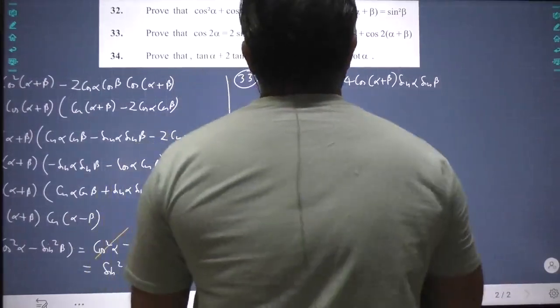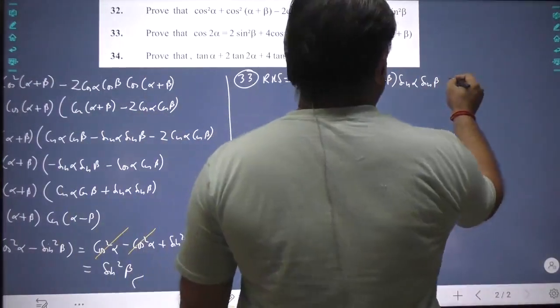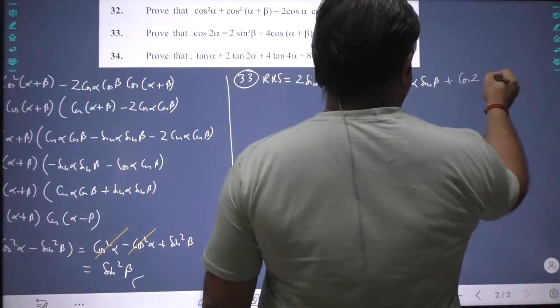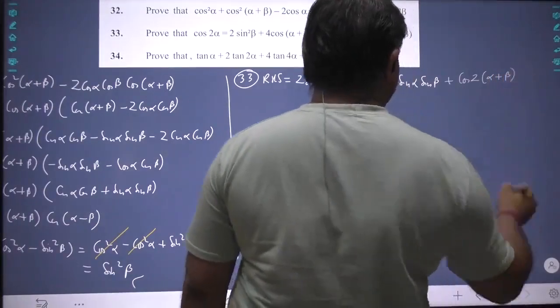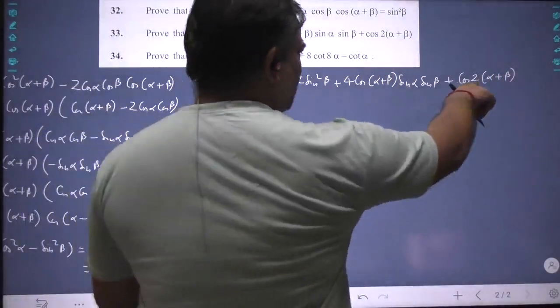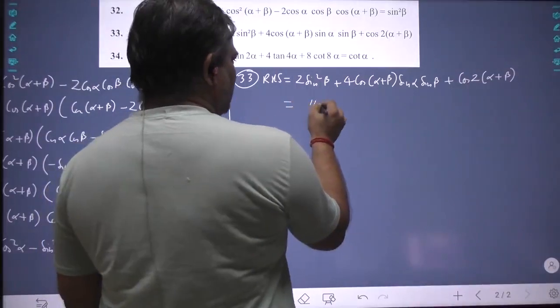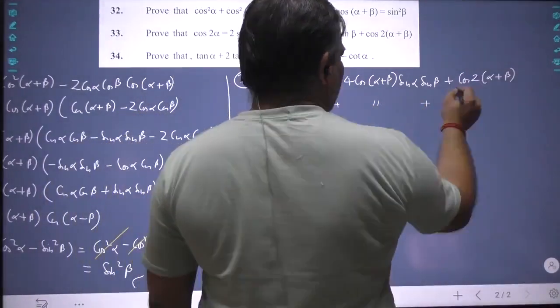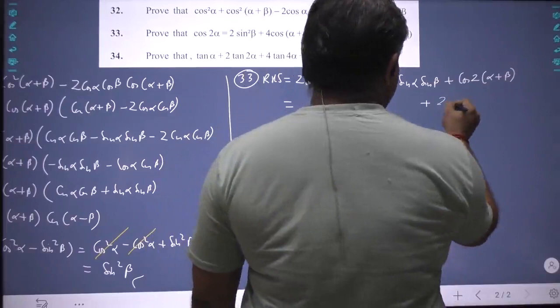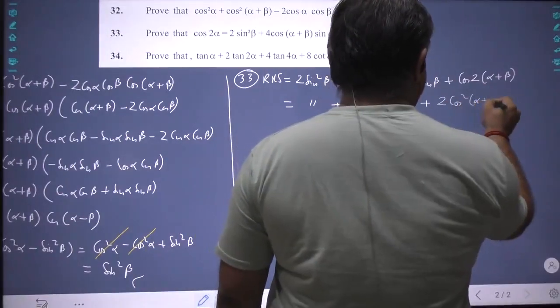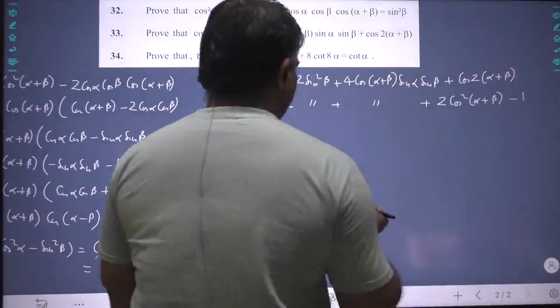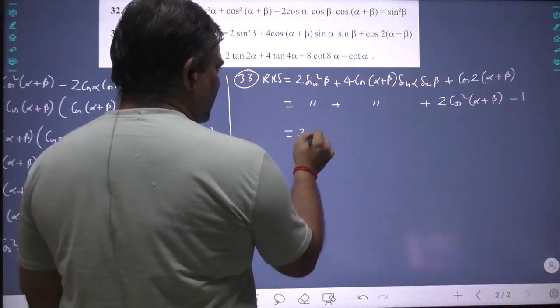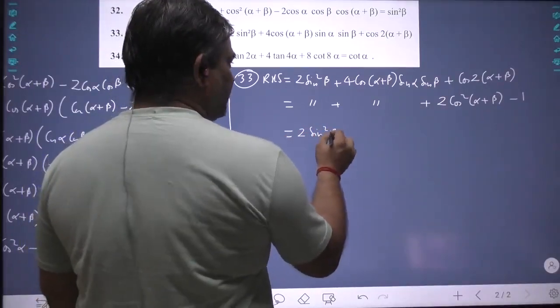Let's create a little space, plus cos 2 times alpha plus beta. We have cos 2 times alpha plus beta, so copying this and copying this, but cos 2 theta can be written down as 2 cos square theta minus 1. Now I am copying it again, 2 sin square beta.